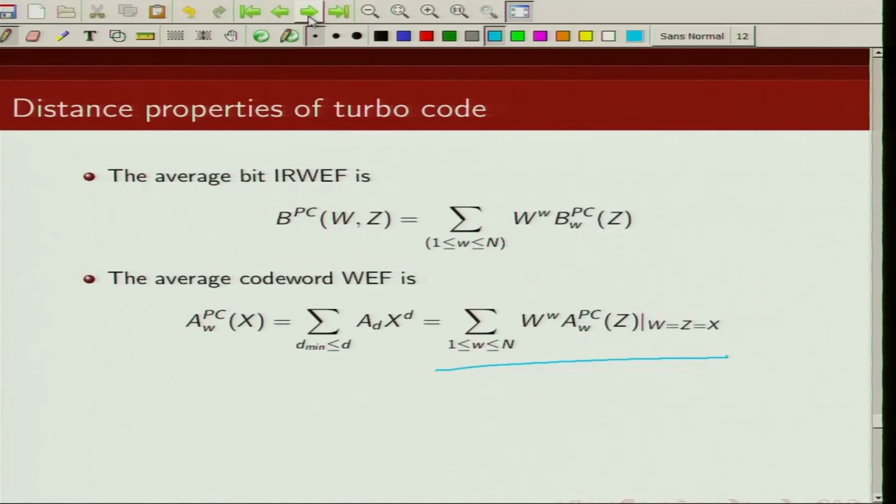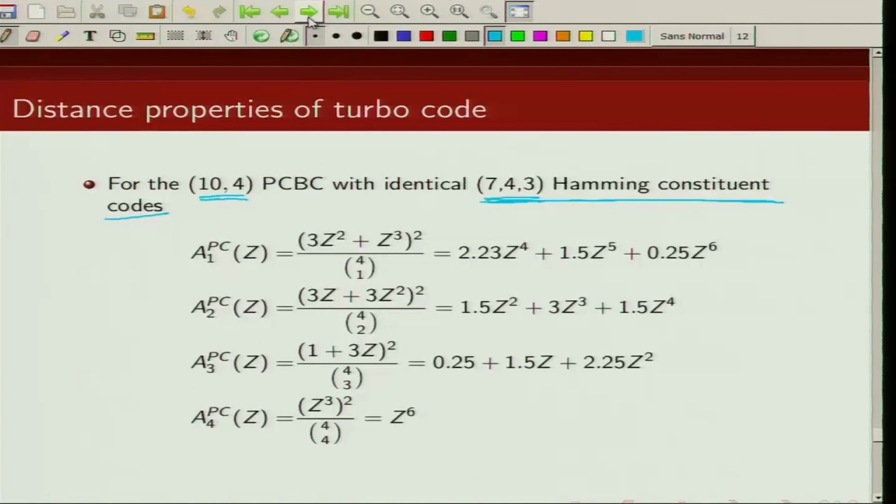These are the average weight enumerating functions. Corresponding to input 1, you can see there are 2.23 on average sequences of parity weight 4, 1.5 sequences of parity weight 5, and 0.25 on average sequences of parity weight 6.